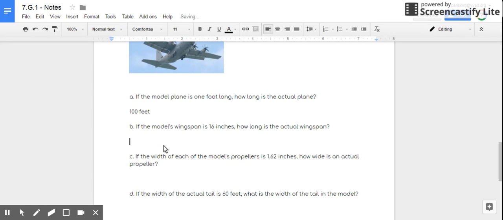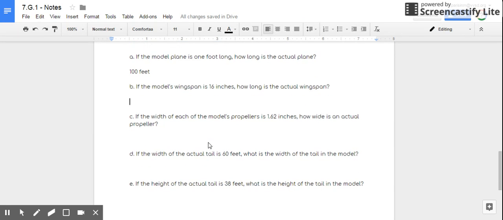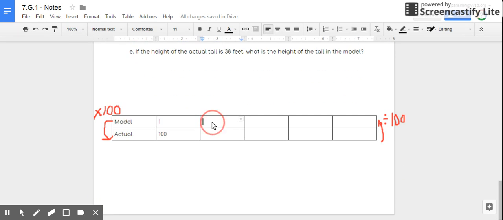Second question says, if the model's wingspan is 16 inches, how long is the actual wingspan? They're giving us the model of 16, so we're going to put 16 in the numerator.